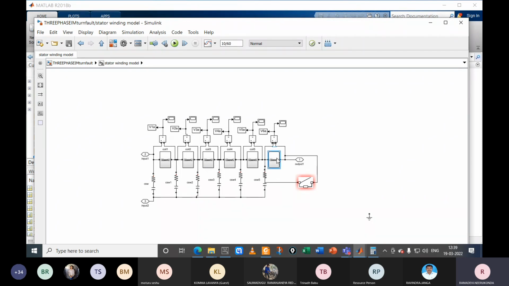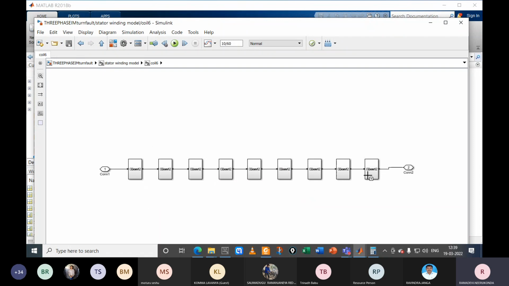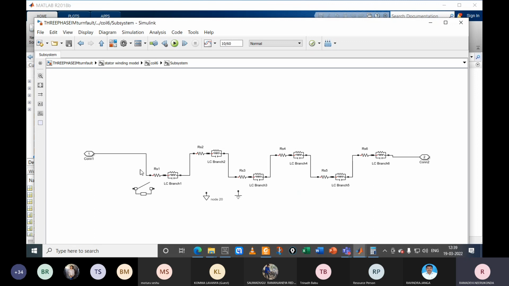Again, coil 6 we created as another 1, 2, 3, 4, 5, 6, 7, 8, 9. Each of those 9 will have again 1, 2, 3, 4, 5, 6.